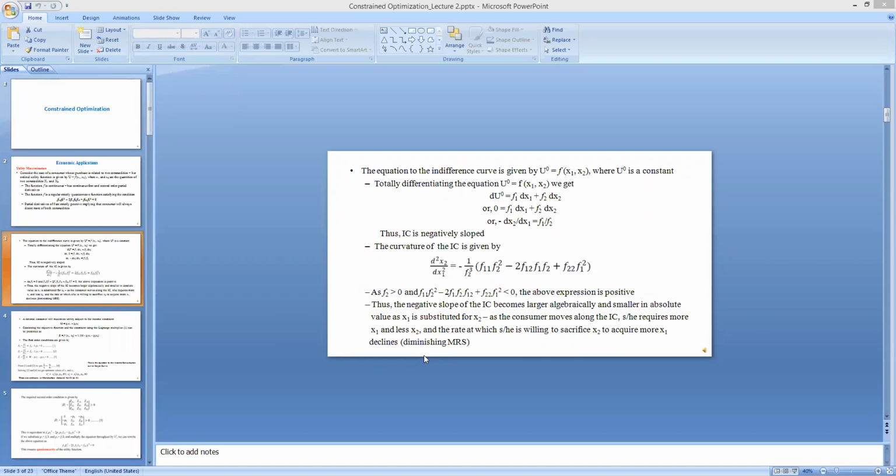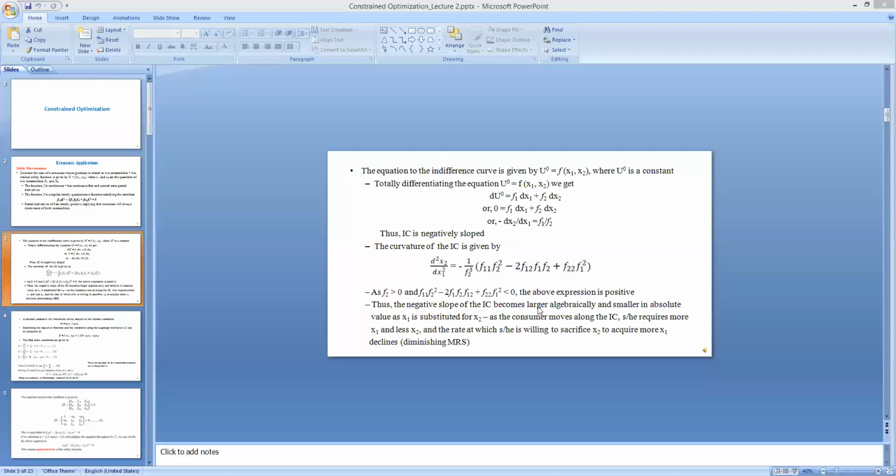So simply, as we are moving along the indifference curve, the slope is becoming flatter and flatter. The negative slope is becoming lesser and lesser, which means the slope increases algebraically, because the negative slope is continuously flattening. So that is the idea.